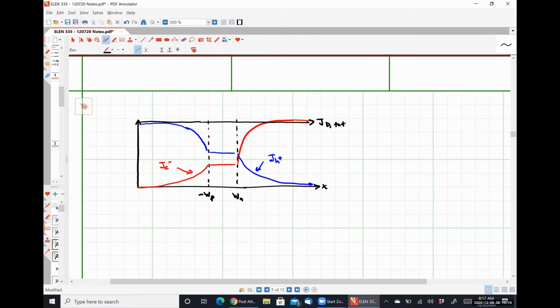Just to be super clear here, these top bits are from majority carrier diffusion. And these bottom bits are from the minority carrier.